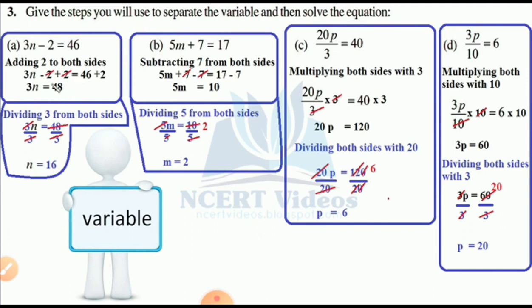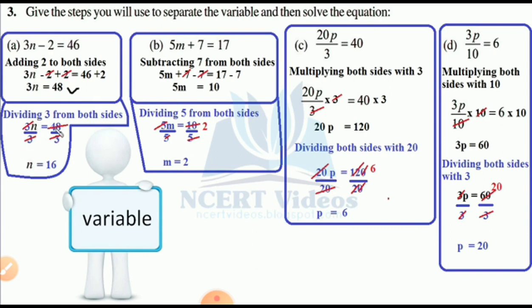Dividing 3 from both the sides. Now I have to remove 3. I want only n variable. Yes, we have a solution for this one. Dividing 3 on both sides, we will get n is equal to 16.